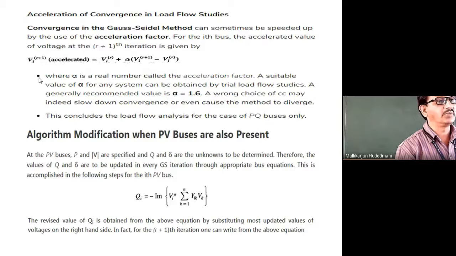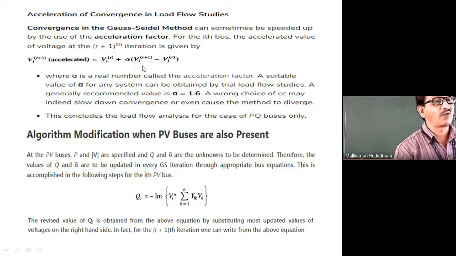What value should I substitute to get the 101st iteration output? The ith bus voltage at the 101st iteration is the voltage of that ith bus at the 100th iteration, V_i^R, plus the acceleration factor alpha multiplied by a difference, called delta V.